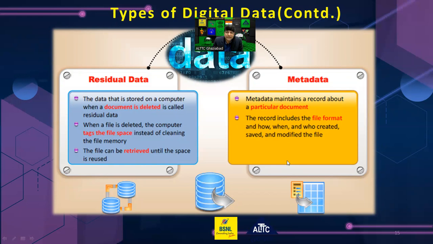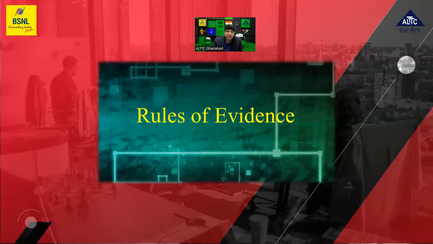And next is metadata. Metadata maintains a record about a particular document. The record includes the file format and how, when, and who created, saved, or modified the file. So these are the different types of data, and knowledge of different data types helps you collect the evidence.